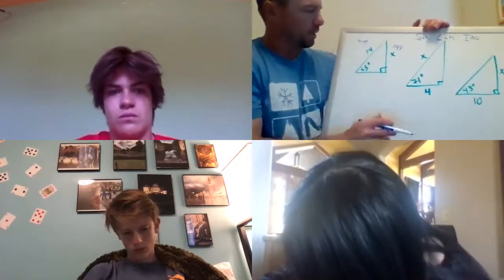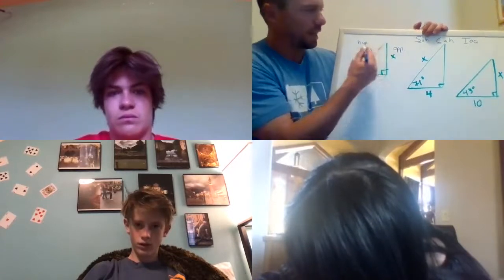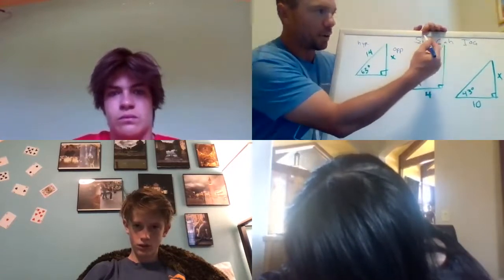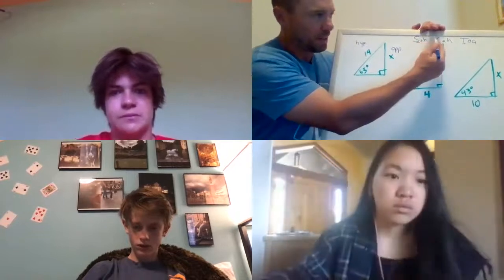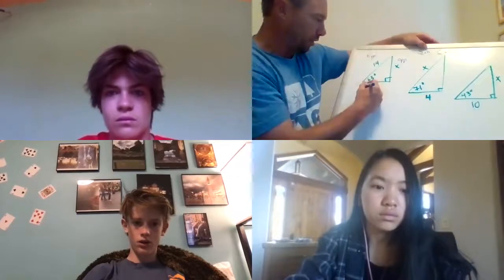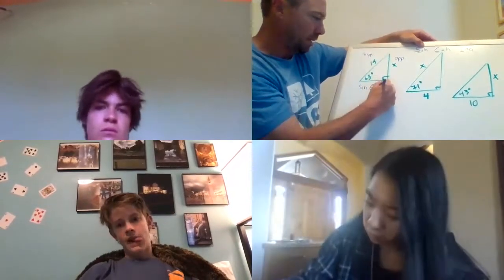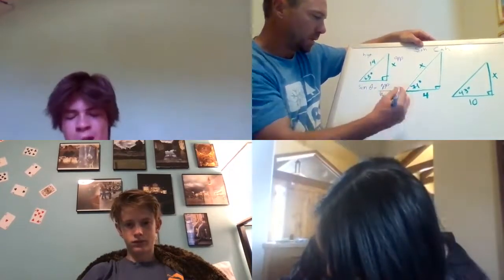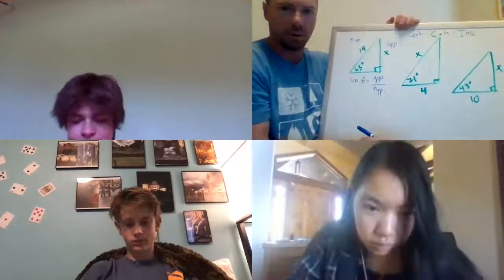All right. So looking at this triangle here, I've got opposite and hypotenuse. So I'm trying to figure out, okay, does that mean I'm using sine, cosine, or tangent? Which one of these three has O and H in it? So, sine, right? So that means we're going to first just say that sine of theta equals opposite over hypotenuse.